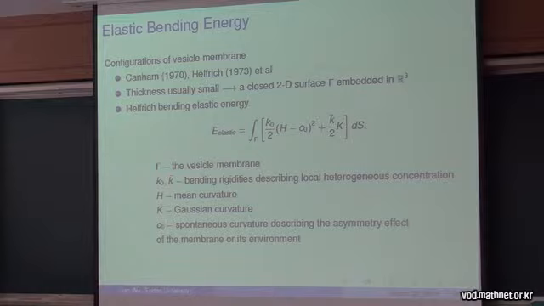For instance, we use gamma to denote the vesicle membrane, and K0 and K bar are some constants which stand for the bending rigidities. And H is just the mean curvature, and capital K is the Gauss curvature. And C0 is some spontaneous curvature which describes the asymmetry effect of the membrane. And actually this C0, when it takes different values, will give you different shapes of the membrane.